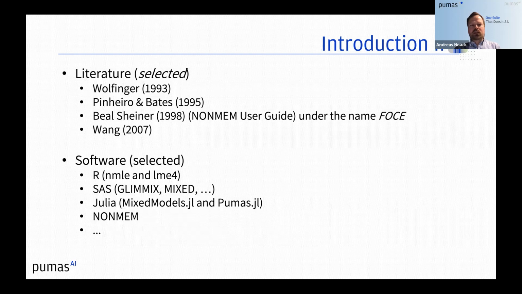There was still a little bit of uncertainty about the exact objective function and the relationship between linearization approaches, so when you linearize the nonlinear regression function with respect to random effects, and then the Laplace approximation, there was a need for clarification, and the paper by Yaning Wang in 2007 gave this clarification.